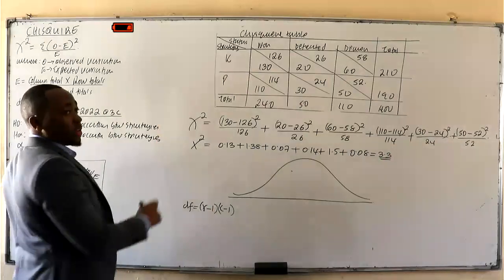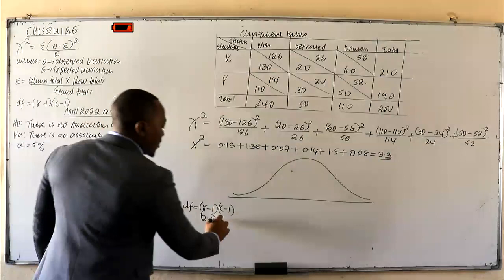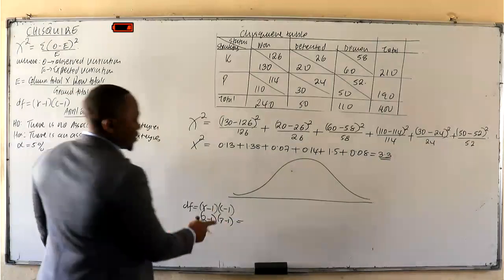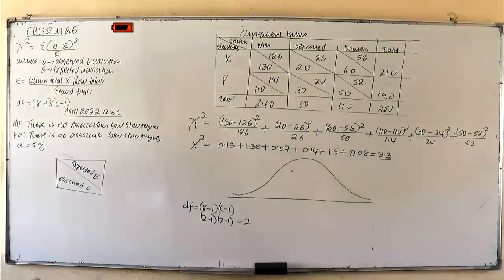How many rows do we have? How many columns do we have? 1 times 2, you get 2. So take out your chi-square table, the last table we have.